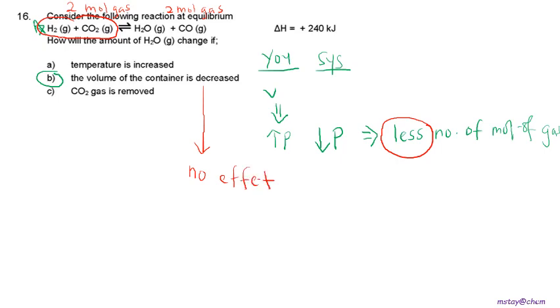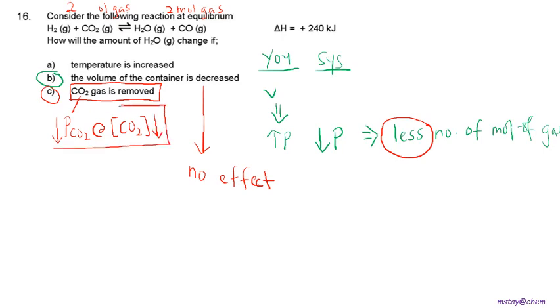At the same time, we also notice carbon dioxide gas is removed. This reduces the partial pressure of CO2, or we can also consider the concentration of CO2 to be decreasing. This is the action done by you.